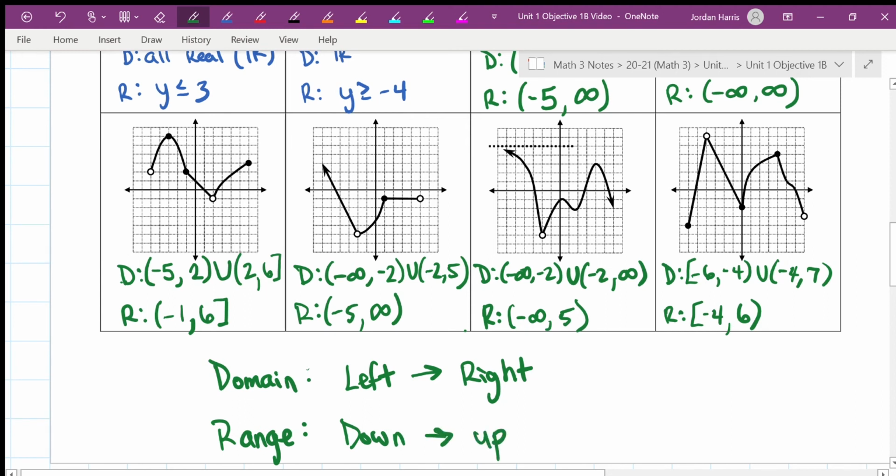So down, left to right, down to up. You always go in those directions. Domain, always start at the left, move to the right. With range, always start down, move up. And remember, where we're starting, the left and the downs, those are the negative infinities if they go forever in those directions. If we're going right and up, those are the positive infinities if we're going forever in those directions.